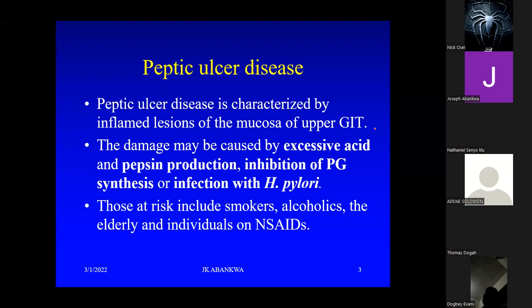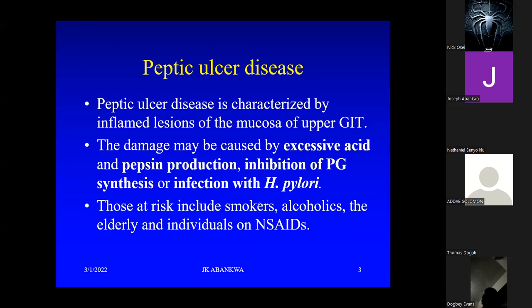Prostaglandin, especially prostaglandin E1 or E2, normally leads to the production of mucus, and this lines your stomach walls, preventing the direct touch of acid produced by your stomach.